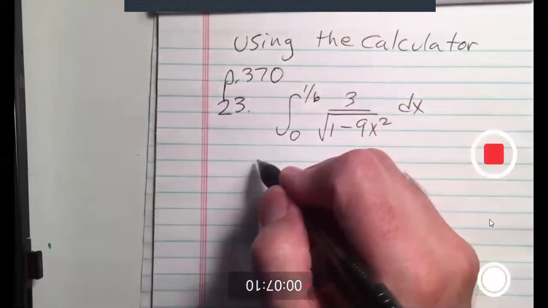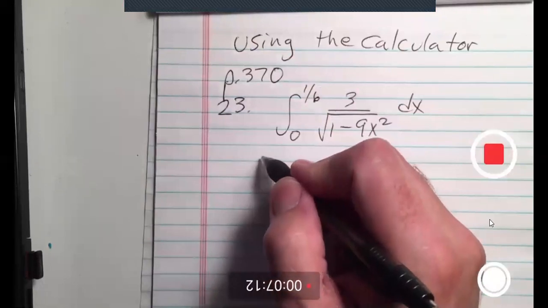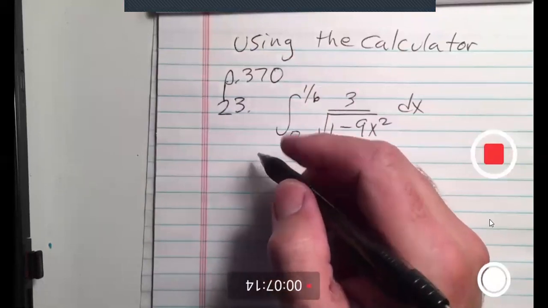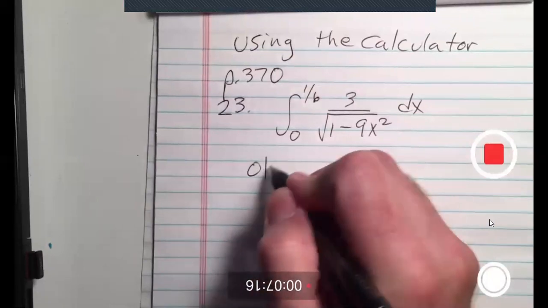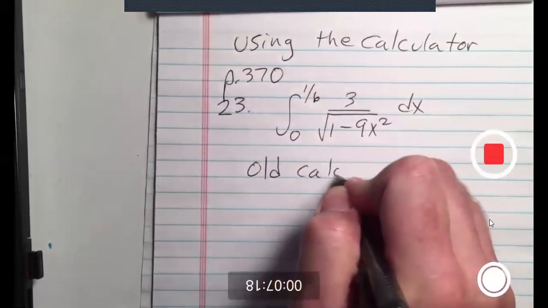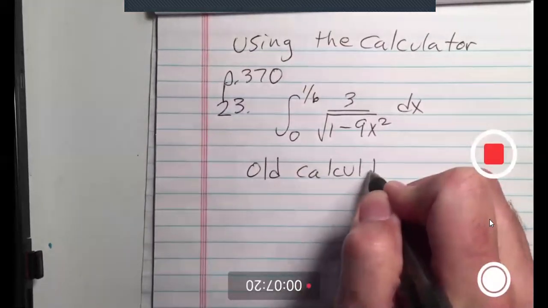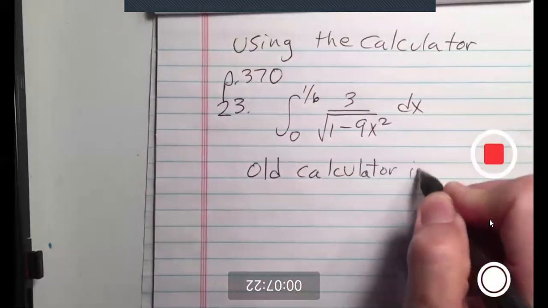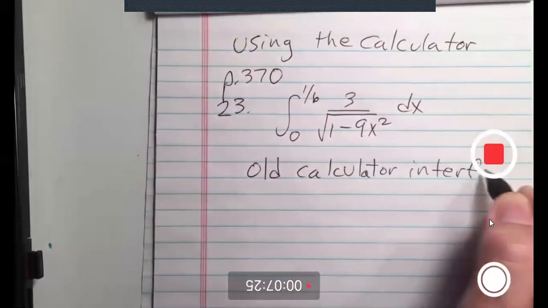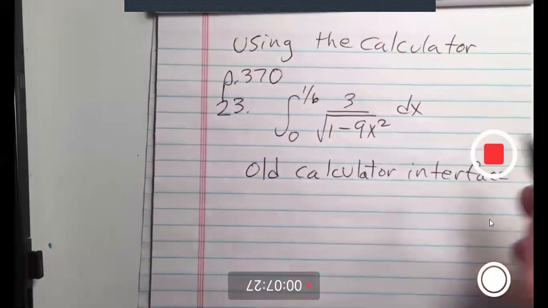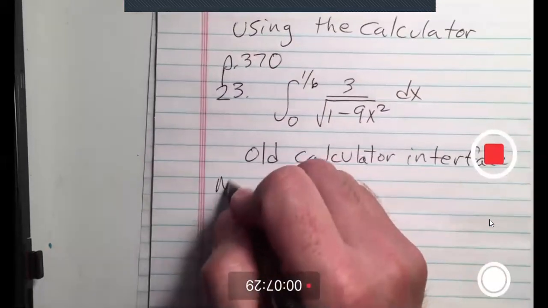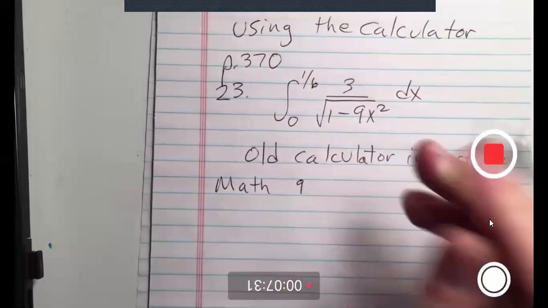This is going to be the old interface. I have an old calculator interface on my machine. So for anybody out there with an old one, the magic keys are math 9.